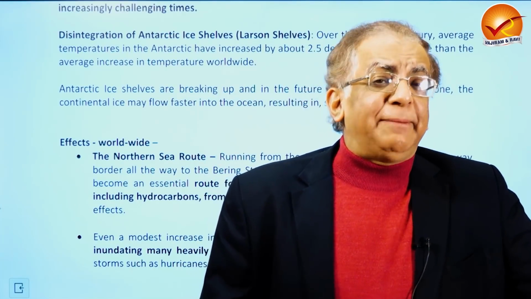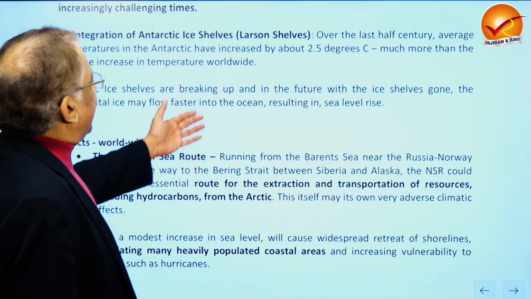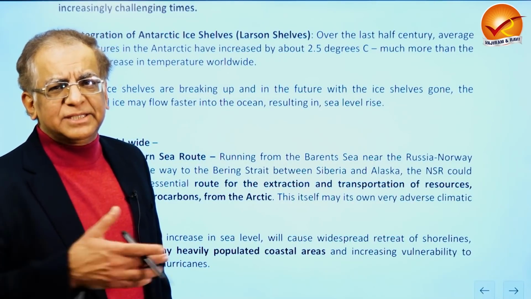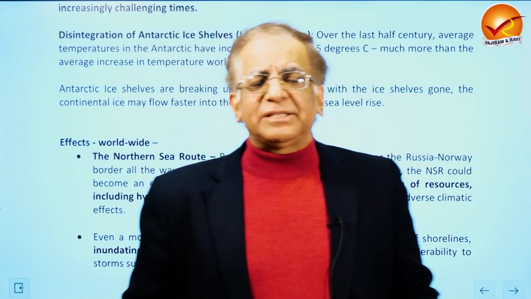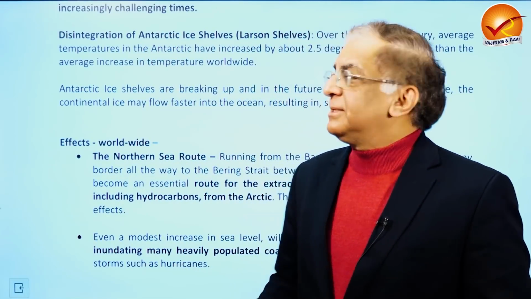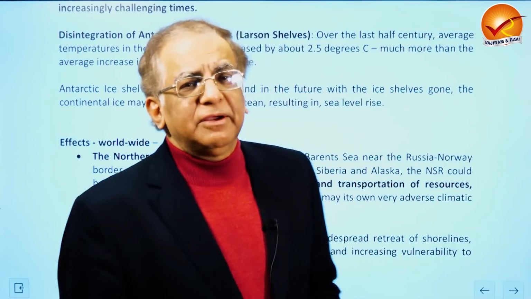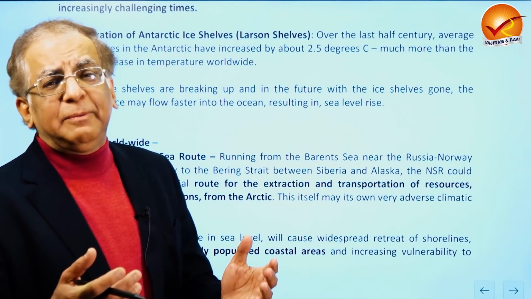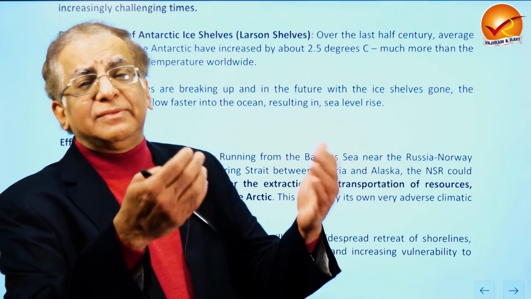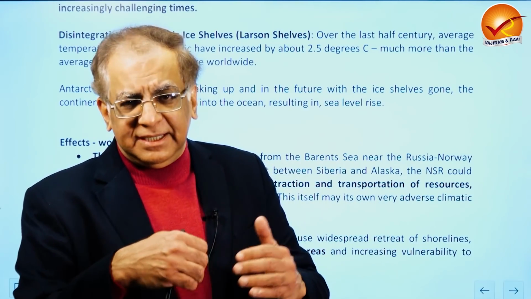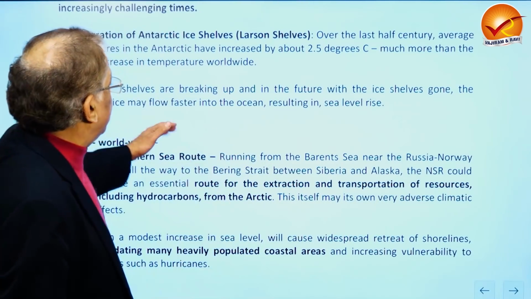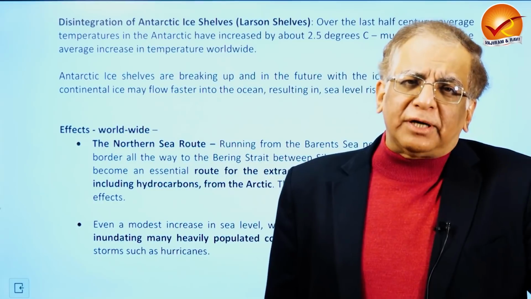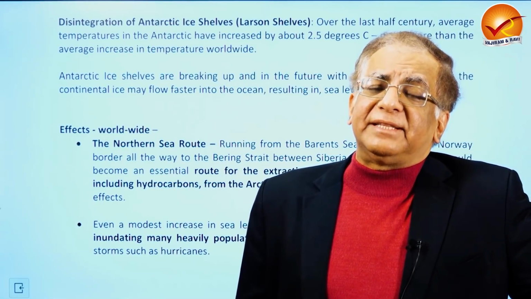And we have been reading in newspapers that there has been the disintegration of the shelves, like Larsen, there have been A, B, C shelves, and on the basis of these kinds of newspaper current affairs, there is certainly a question expected always, because as these ice shelves are disintegrating, they will provide the passage for more of the ice in the interiors to go into the ocean, and as more and more glaciers go into the waters, the sea levels would certainly rise even in the southern region.